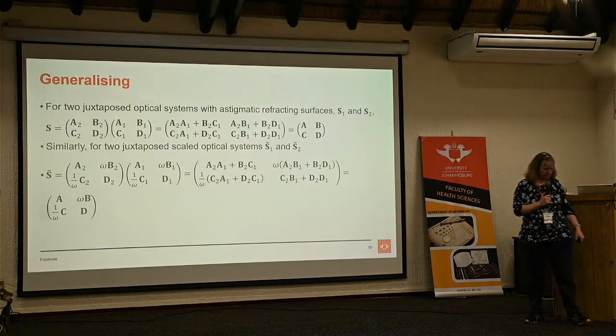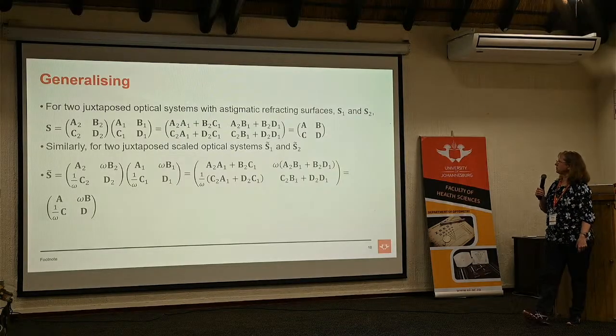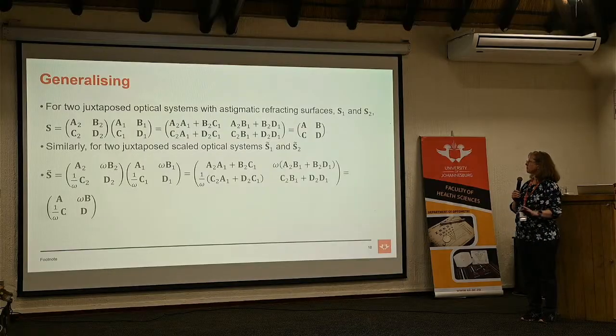Okay, so let's play with this. Let's check this. If we have two juxtaposed optical systems with astigmatic elements and 2x2 submatrices in them, we multiply in reverse and we get something that looks a little bit messy like that. We'll just call it ABCD.